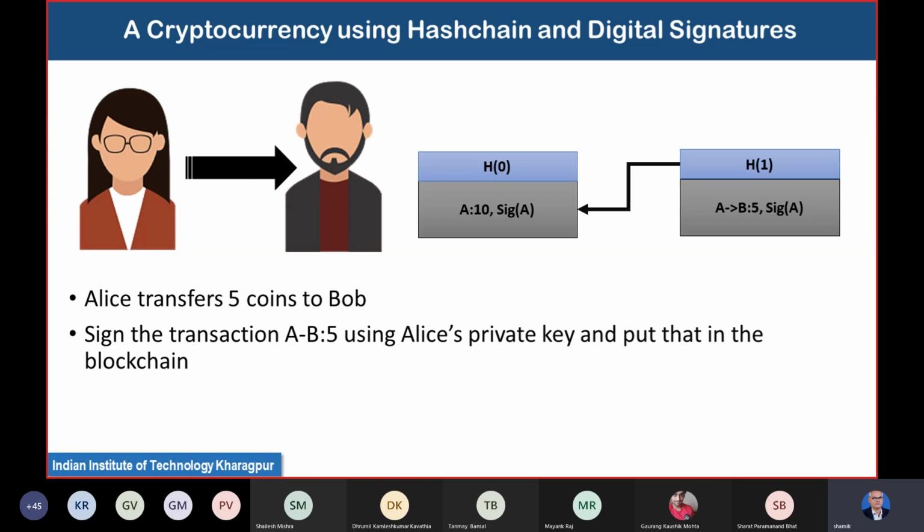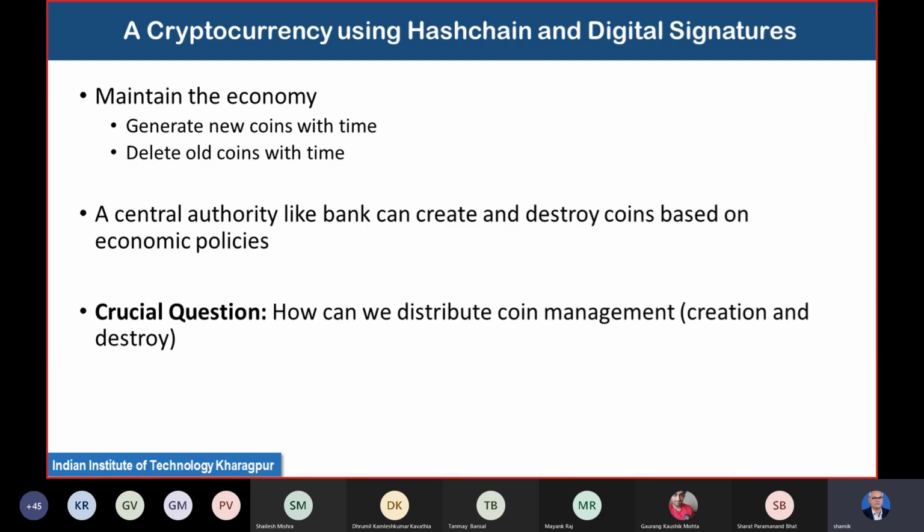Also, what is important is that because Alice has signed this transfer of 5 bitcoins to Bob, later on Alice would not be able to deny that she did the transfer. So that is how one can ensure non-repudiation in the context of blockchains, and that is how we have seen how we can make use of these basic cryptographic primitives in the context of blockchain.